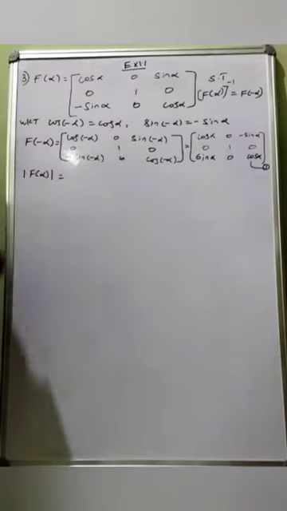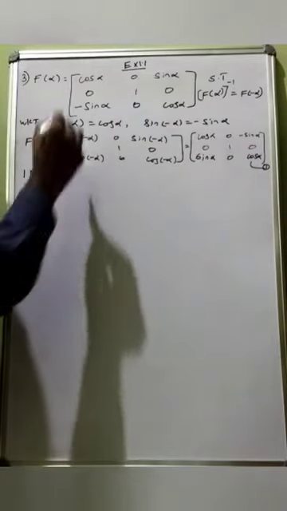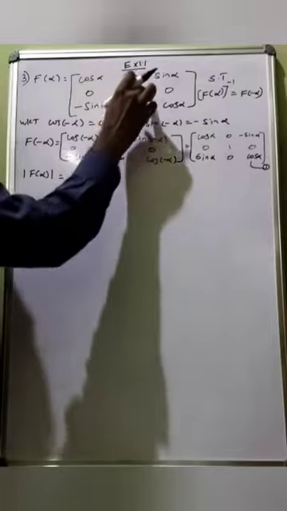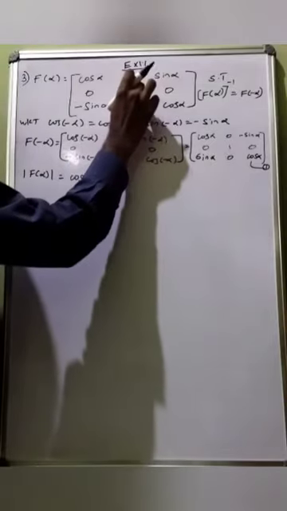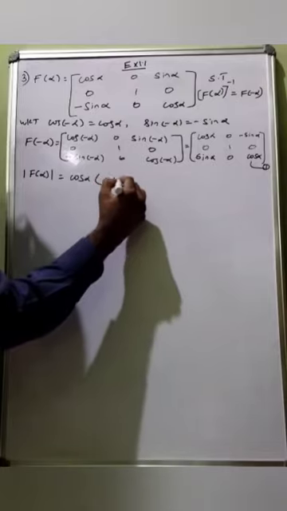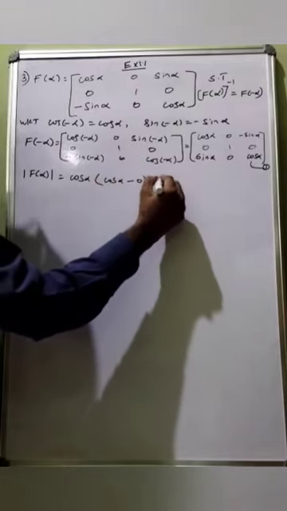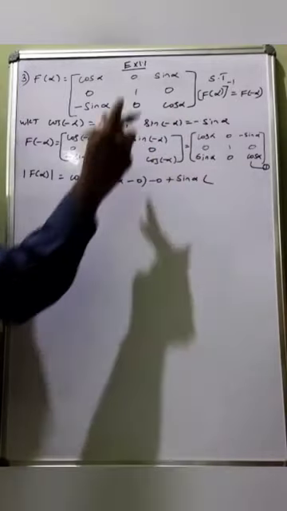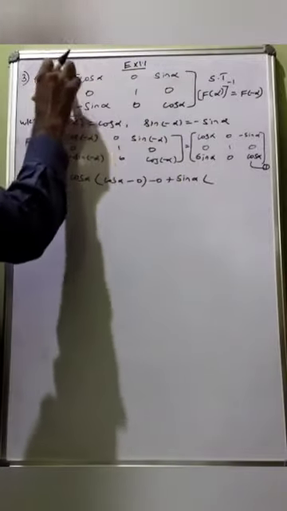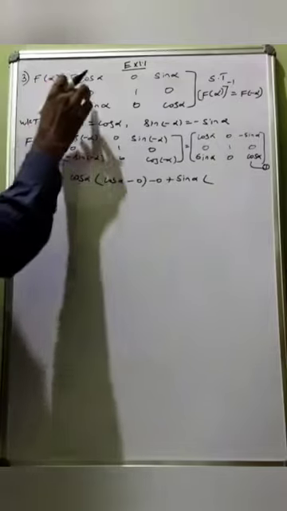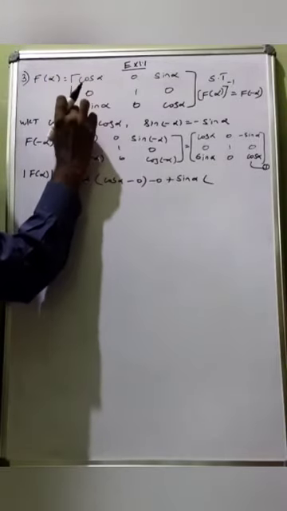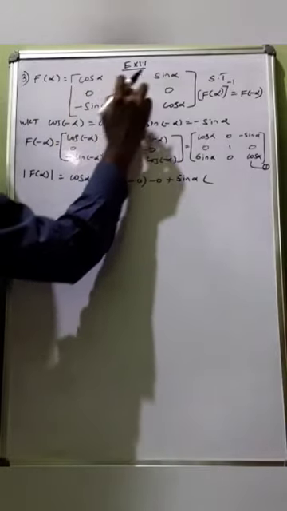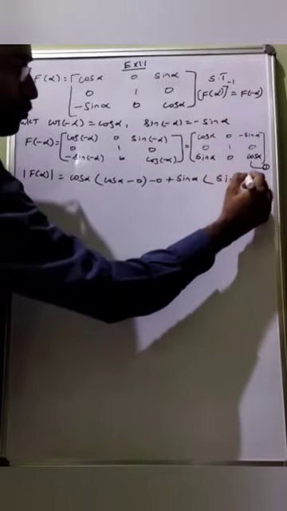The determinant is cos alpha into (cos alpha minus 0), so it becomes 0, plus sin alpha into (1 times sin alpha, minus 0).